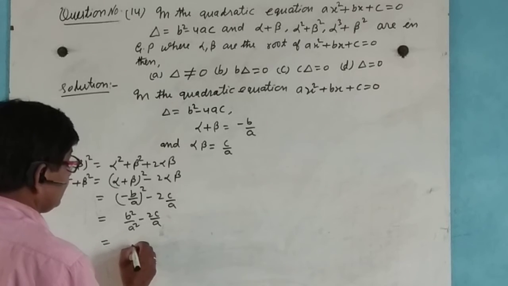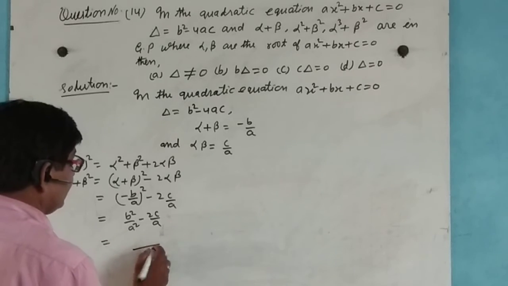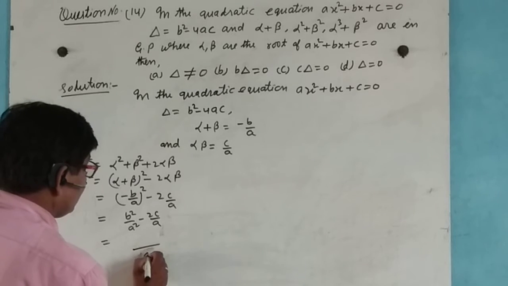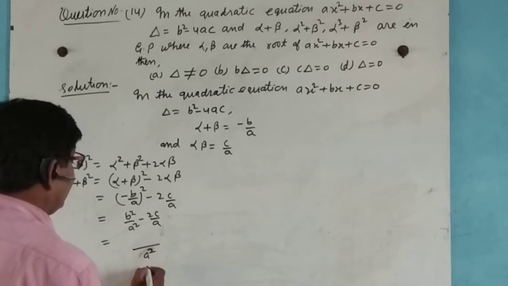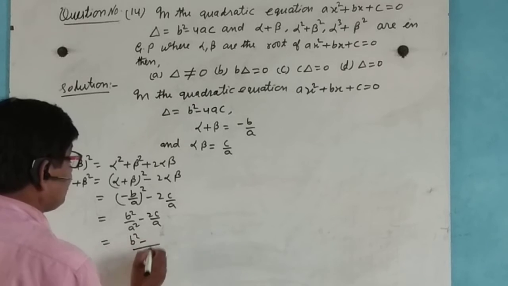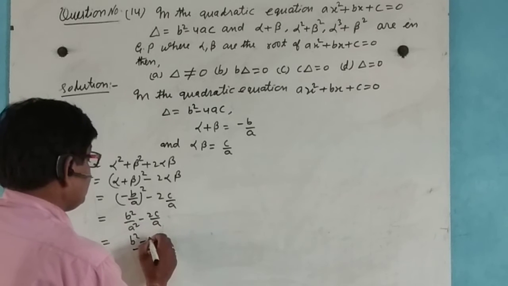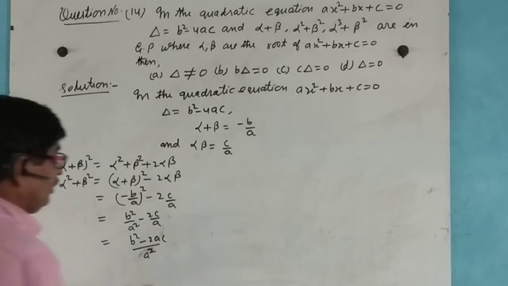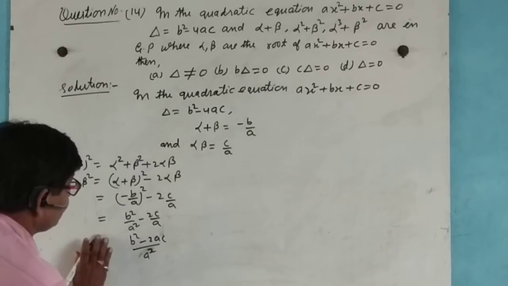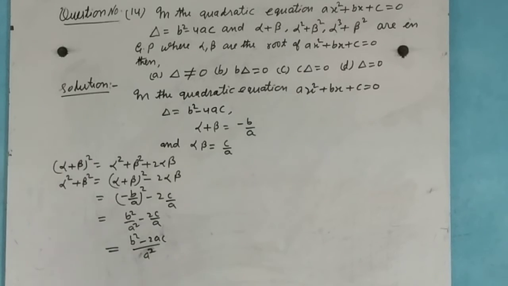So alpha square plus beta square equals (b square minus 2ac) divided by a square.